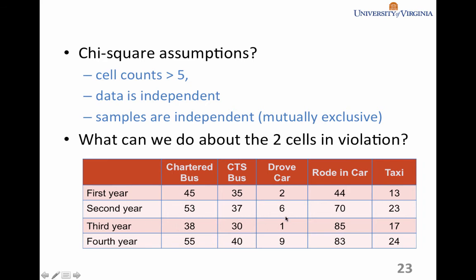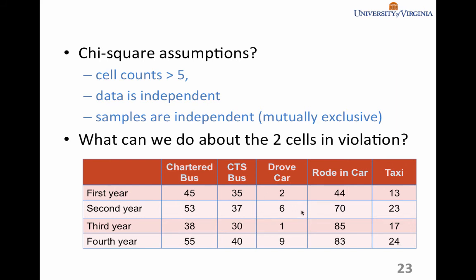So there's one third year who drove a car in the study. And the one we really want to focus on is that cell counts need to be greater than 5. And we can quickly see that we have problems here. We have the one I just pointed out, the third years that drove the car. First years that drove a car are also fewer than 5 people who have done each of those.